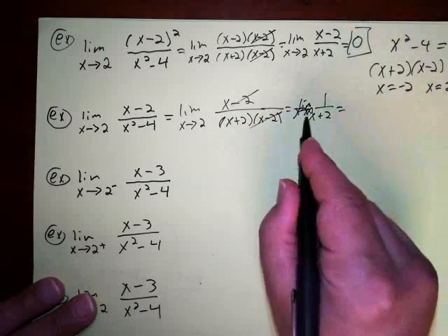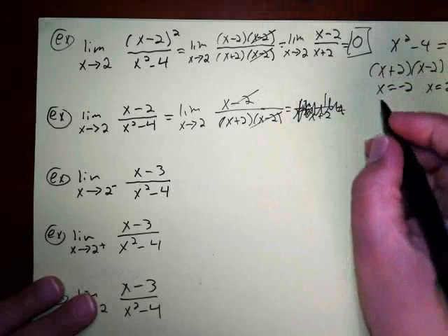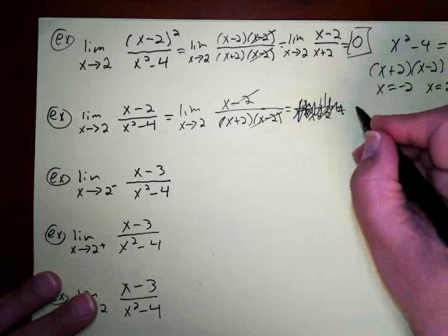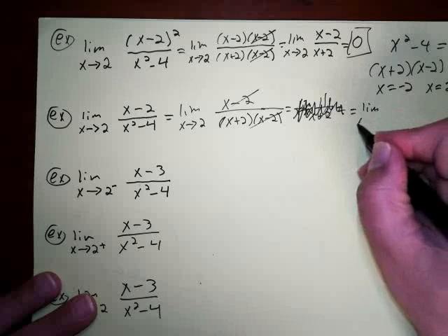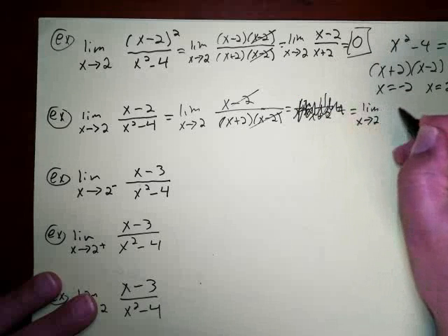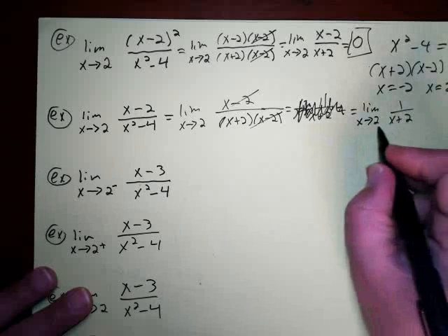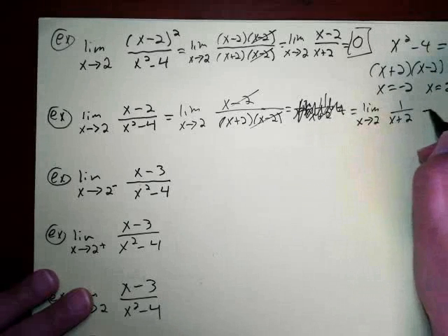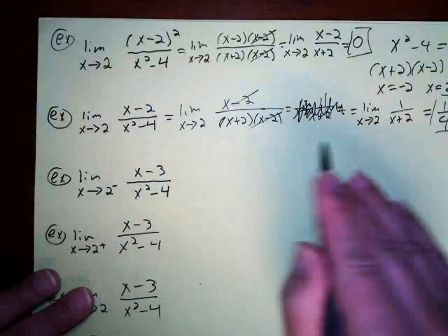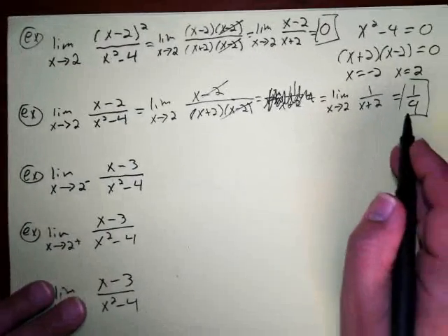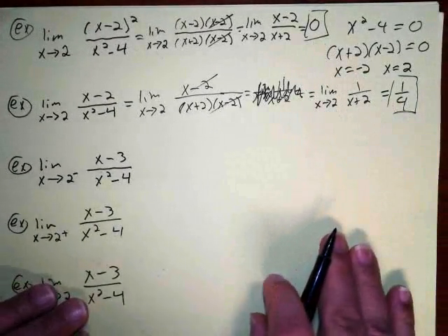And then as x, sorry, let me just erase this. And what I should have here is this is equal to the limit as x approaches 2 of 1 over x plus 2. And then you can plug in 2 here, you're given 1/4, right? So in this case, this had a limit of 1/4, right? So this had a limit of 0, that has a limit of 1/4.